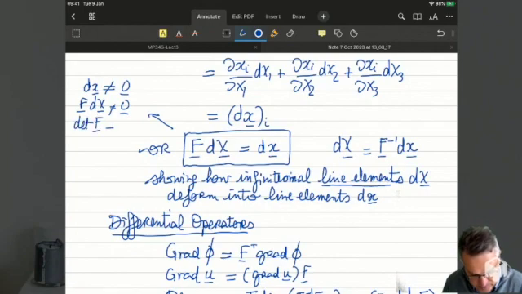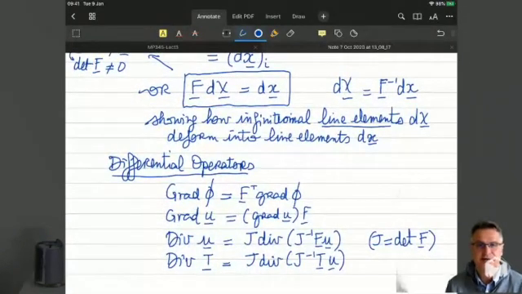That means that the determinant of F is not 0. So that's a nice proof of that assumption that I made earlier, that the determinant of F cannot be 0. F dX, that's a matrix times a vector. If it's not 0, it means then the determinant is not 0. So that's like a physically based argument to say that the determinant of F, which is often called J, is not 0.